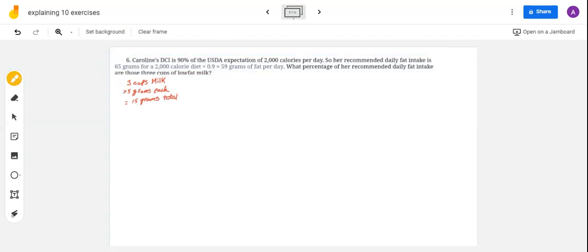So if we then take 15 divided by 59, you get 0.25.